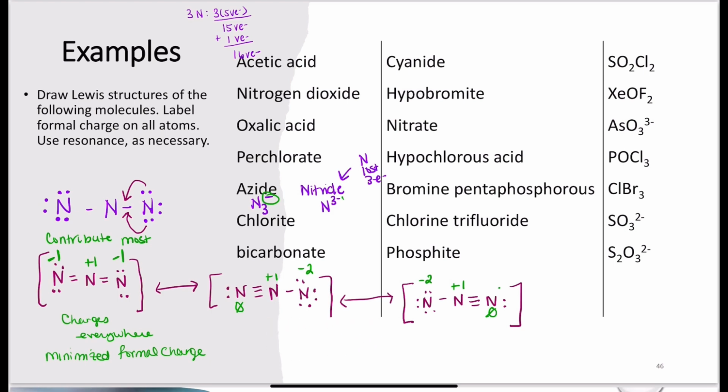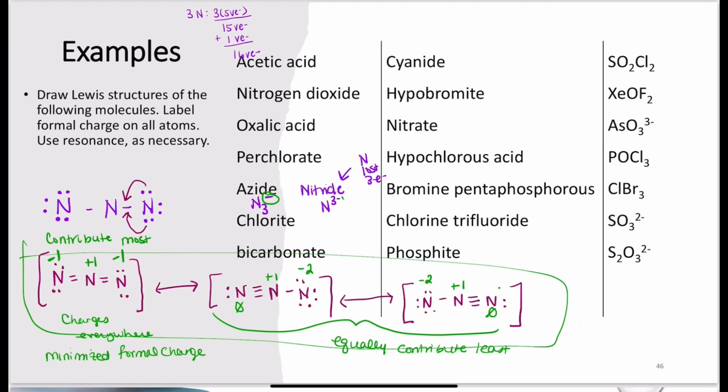These two will equally contribute least due to that larger difference in charge. All 3 contribute to the true resonance hybrid. So all 3 mix to give me the true resonance hybrid. These again are your resonance structures.